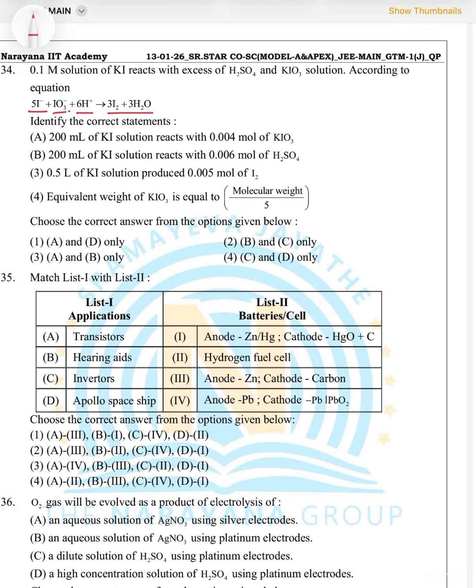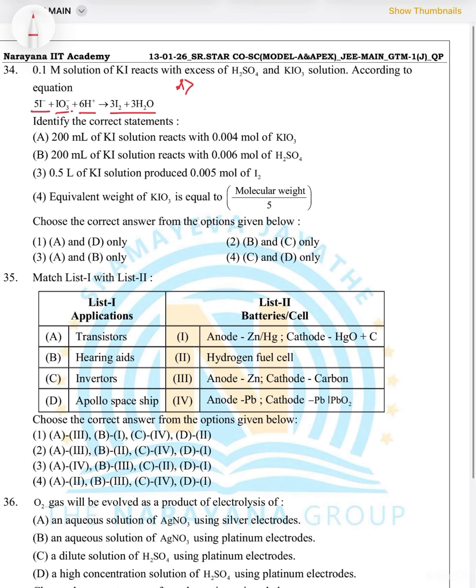Identify the correct statement. So first one, let us see A. 200 ml of KI solution reacts with 0.04 mole of KIO3. Now let us see. According to stoichiometry, first I'll convert everything into moles. So number of moles, concentration is given, volume is also given, right? So 200 ml of potassium iodide reacts with 0.004 moles of KIO3.